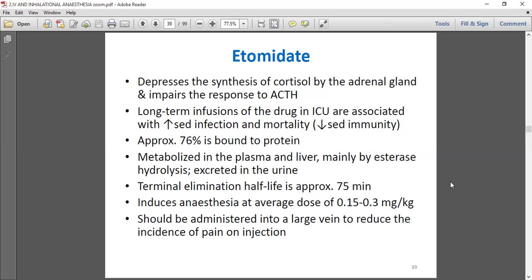They're saying terminal plasma half-life, but I think that's the time required for the drug to reach half the plasma concentration of that drug, and not the time required to eliminate half the drug.